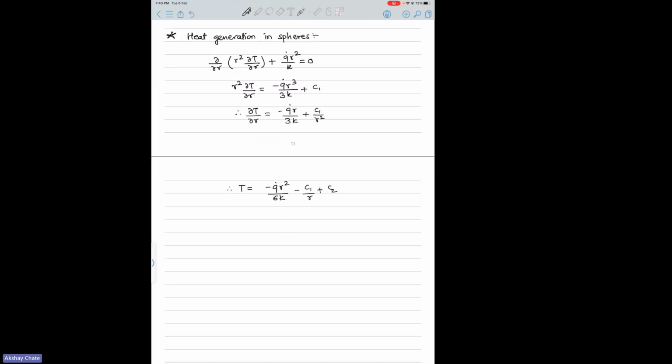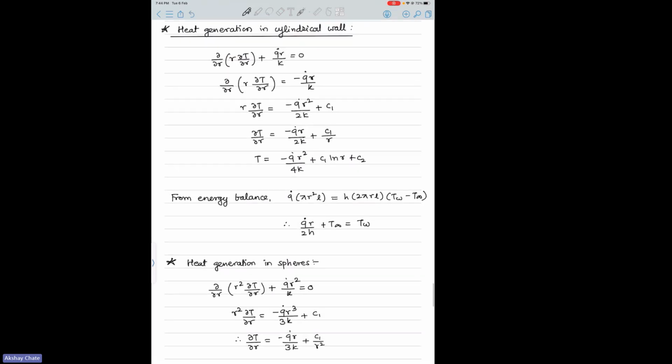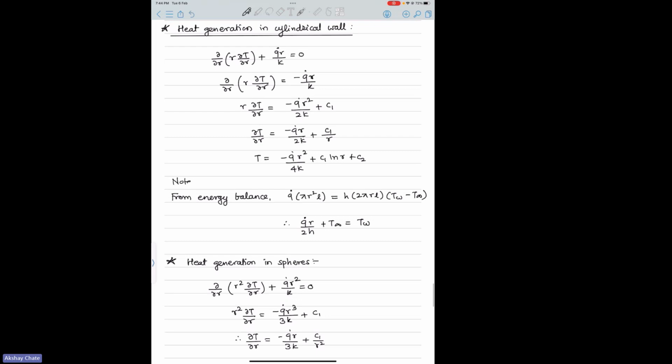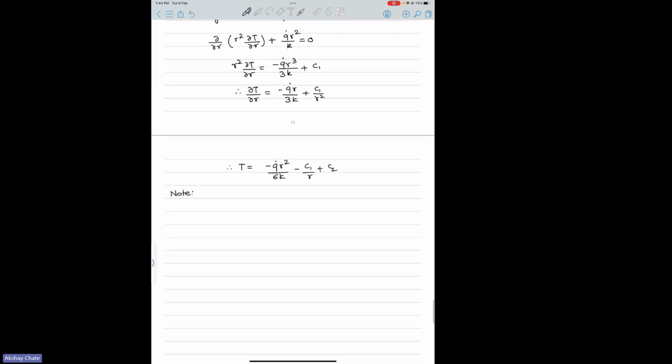Now again, here also note, as R tends to 0, C1 tends to 0. Basically you have to remember that. Here also, as R tends to 0, make C1 0, so that your solution will be finite. Otherwise, you cannot solve this problem.